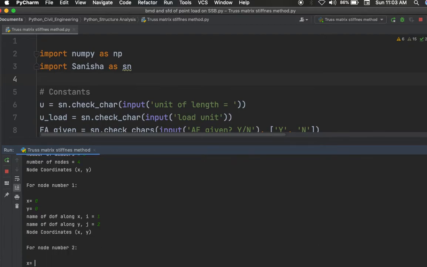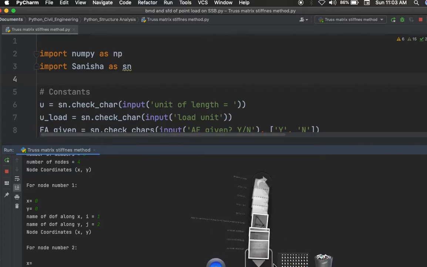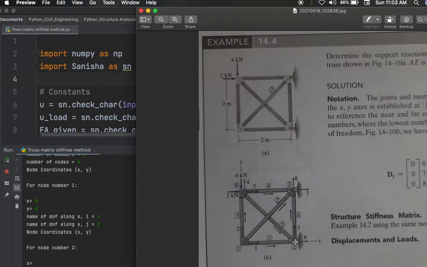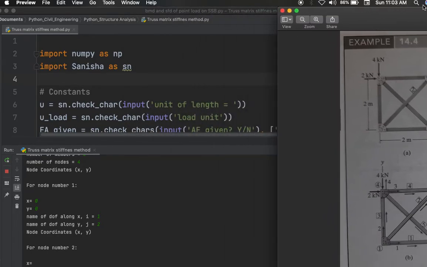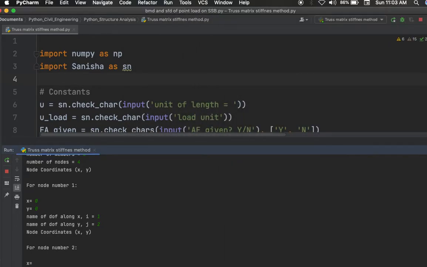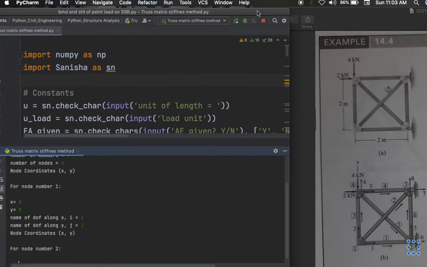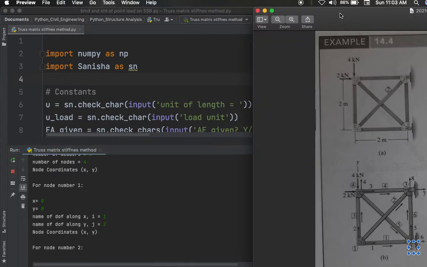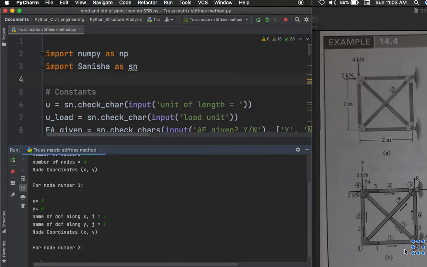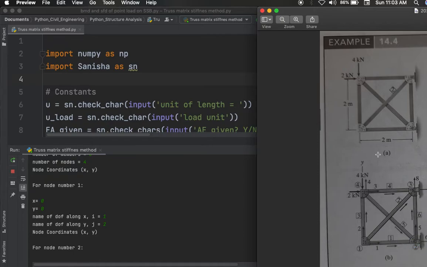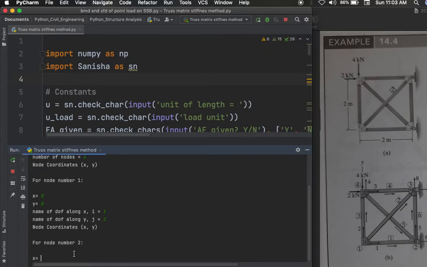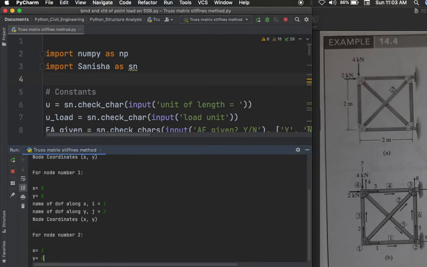Okay, so for node number 2, this is node number 2. I will put it here so that it remains here all the time, and I will minimize this one. So node number 2 is at x equal to 2 and y equal to 0, because vertically we have not moved.